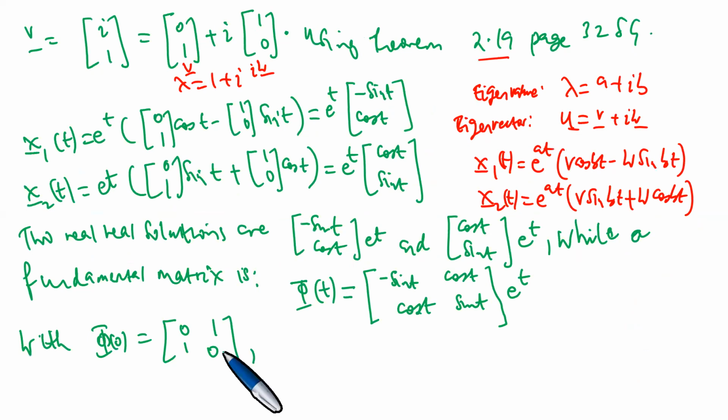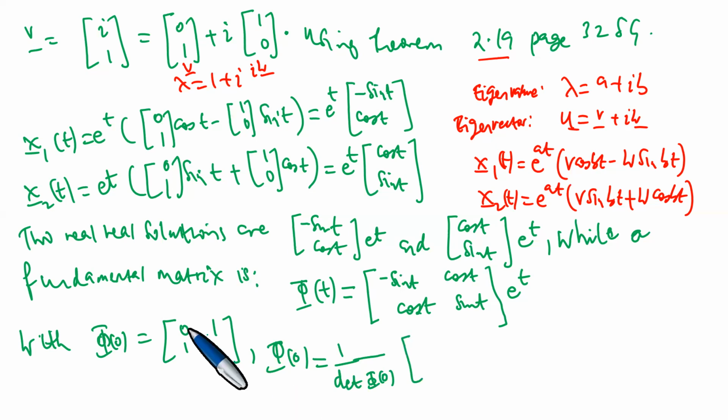Now we have the inverse of this matrix. What is the inverse of this matrix? It's 1 over the determinant of the matrix.